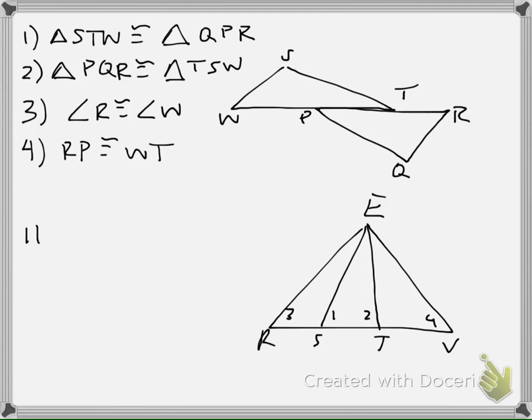Okay, number 11. It asks, if angle 3 is congruent to angle 4, then which segments must be congruent? So, if angle 3 is congruent to angle 4, then segment RE must be congruent to segment VE.